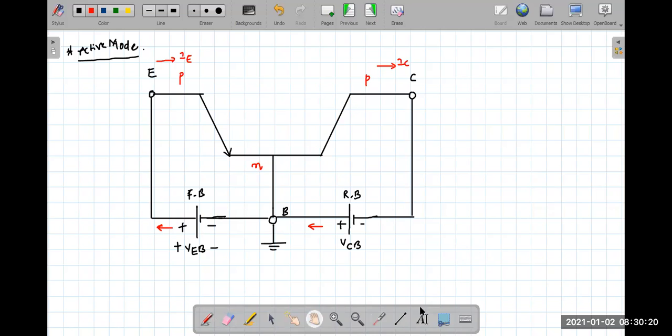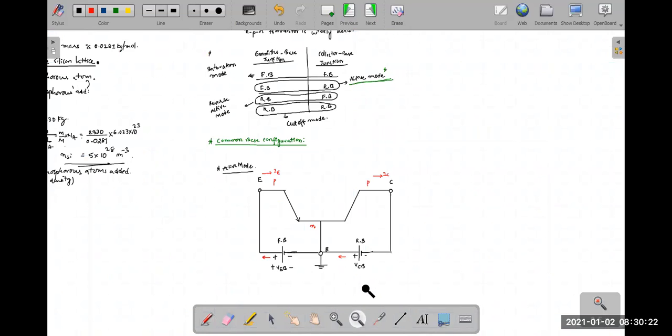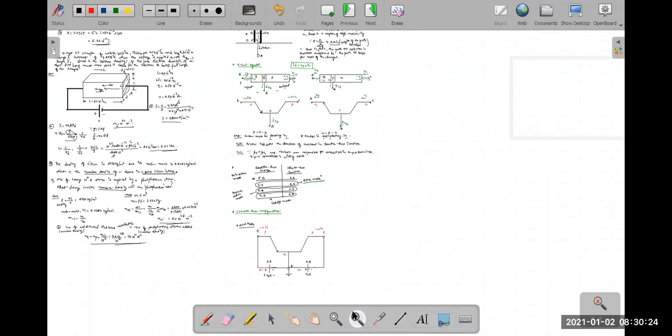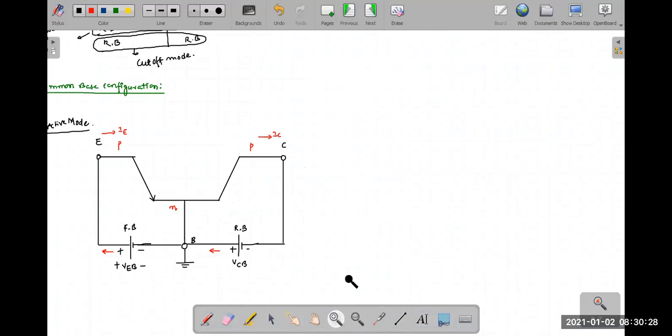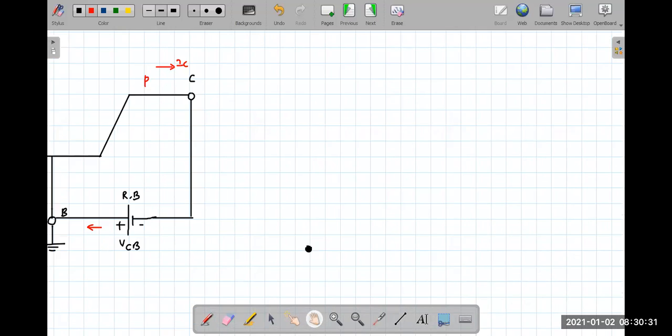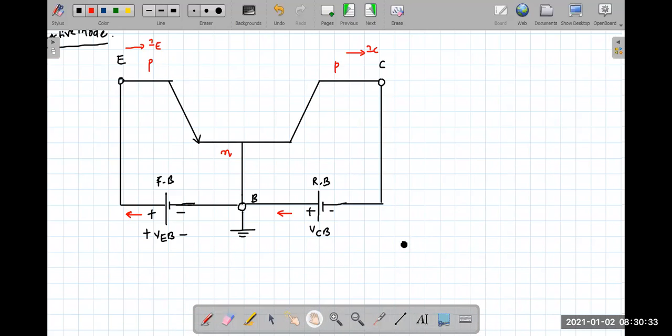Now, if you similarly try to connect this for an NPN transistor, how can we do that? Let me simultaneously draw for an NPN transistor.